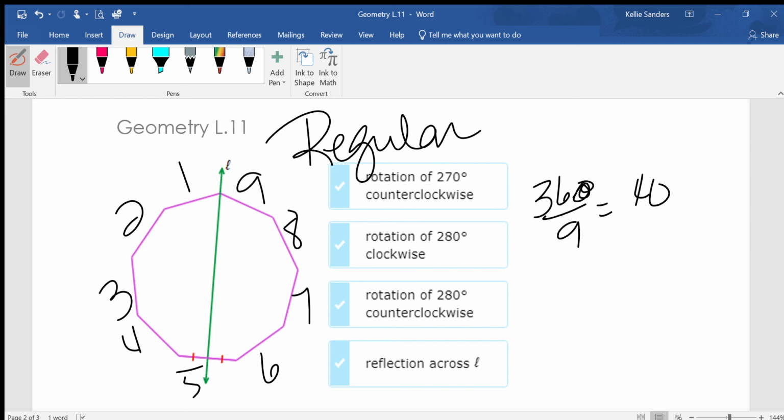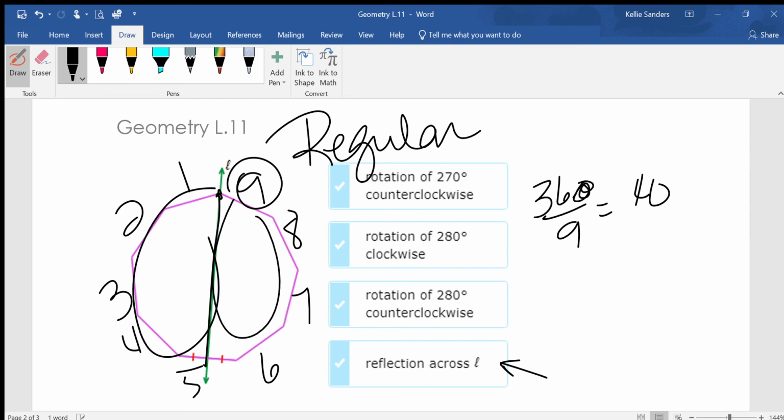Okay, so I don't see a 40 there. No. L. It's a regular odd-gon, a 9-gon, and so it goes through a vertex and its opposite side. So this is the same thing as this, so it is a reflection here.